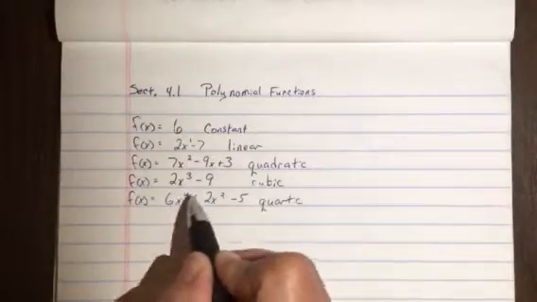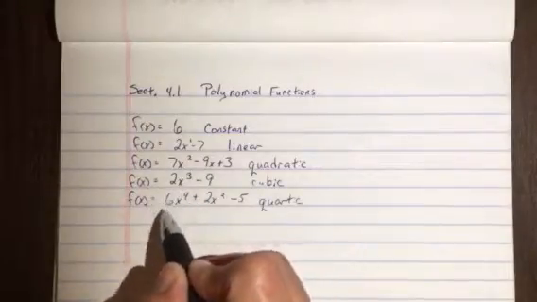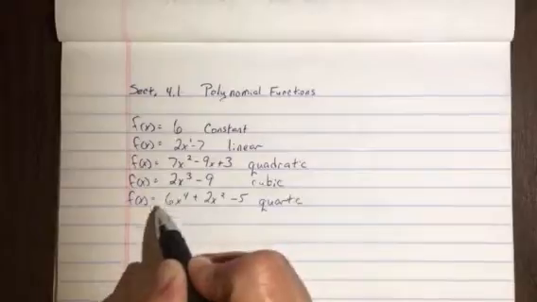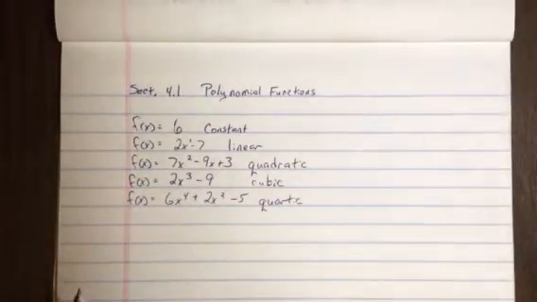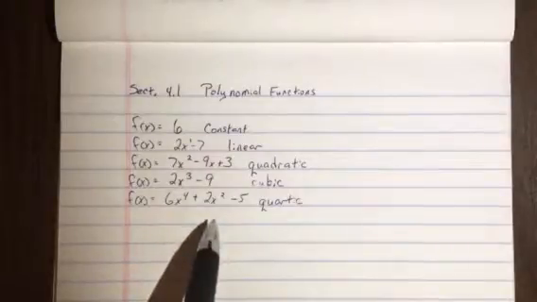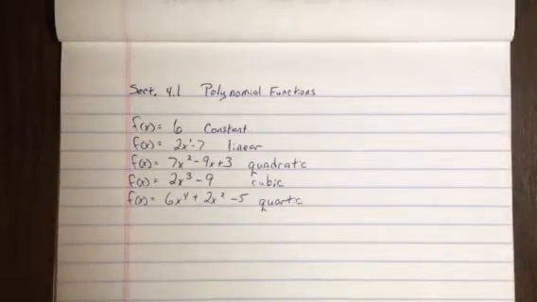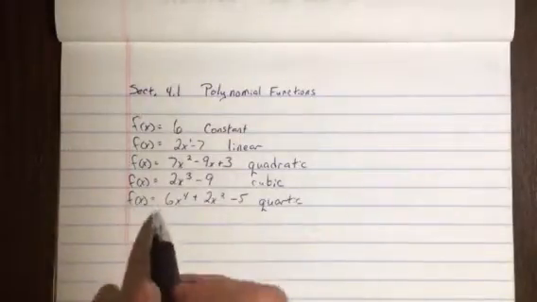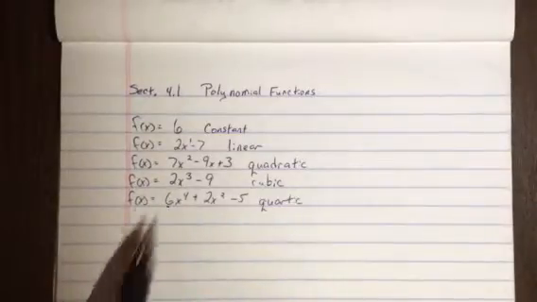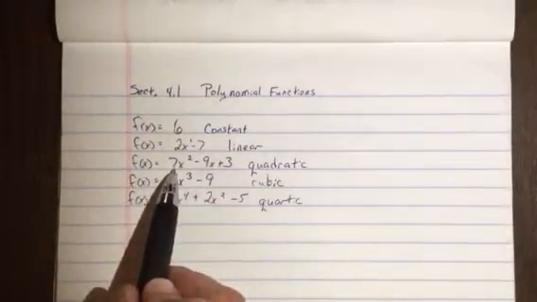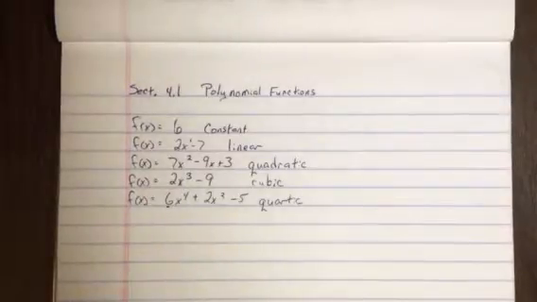The leading term is the term that contains the highest power. If it's not in order, the leading term is still the term that contains the highest power. The leading coefficient, in this one would be a 6. In this case would be a 7, 2.